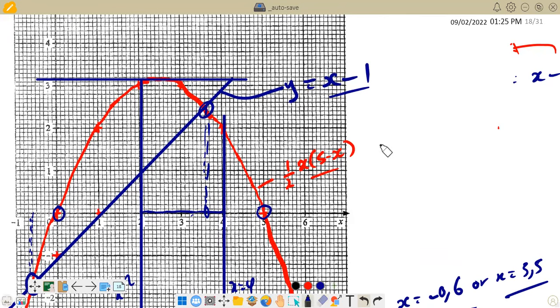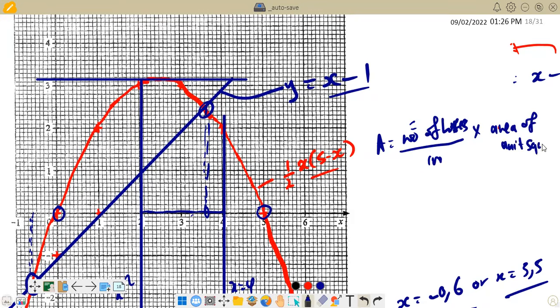So I'm just going to write our formula of the area, that is the number of boxes over 100 times the area of a unit square. So we've got the number of boxes you calculate in between this graph. As you can see, this one is actually 100.